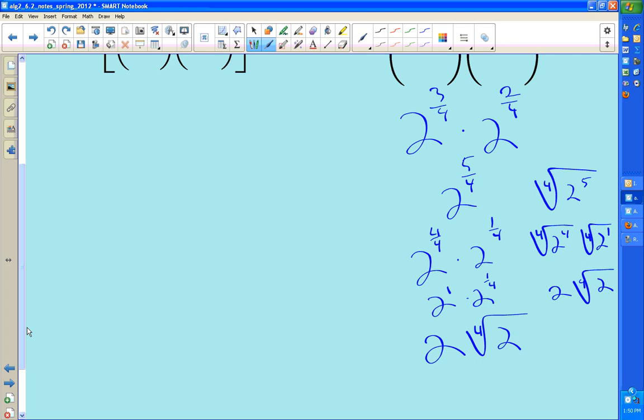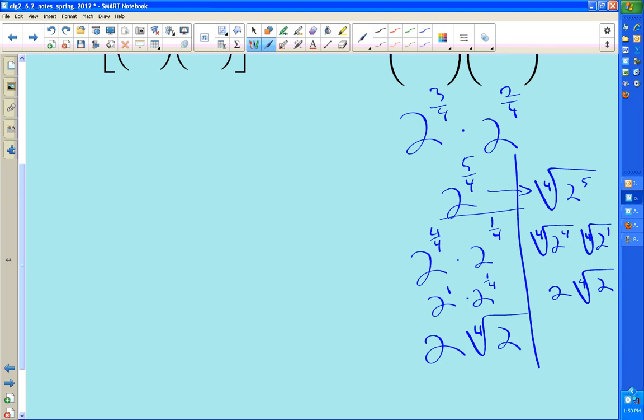What's 2 to the 1st? 2. 2 to the 1/4, I'm going from exponential to radical. So how do you do that? This is a different process. So once you get to here, you can go here. The 4 is your index. The 5 is your power.